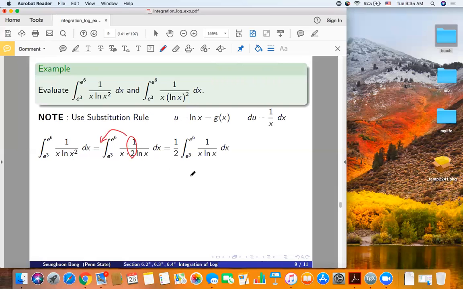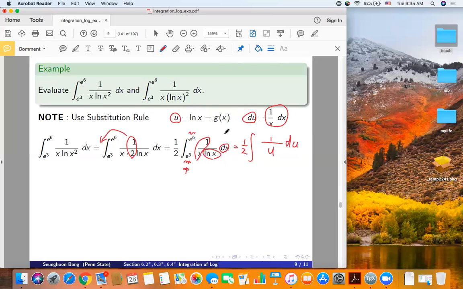The next step is U substitution. You plug U in here. So this is the same as 1 over 2 integral of 1 over U, where 1 over x dx is du. Now change the lower and upper limits.